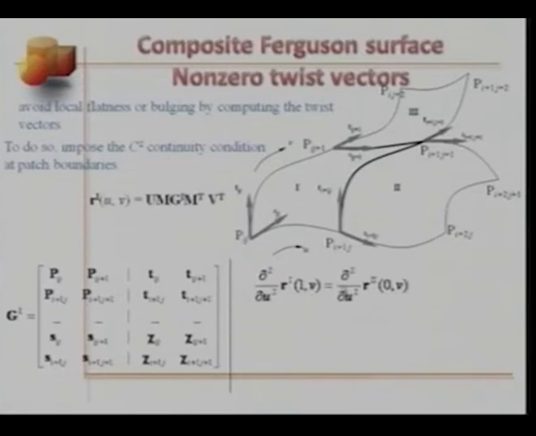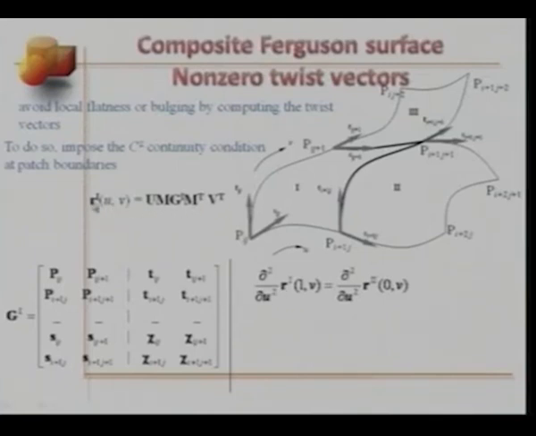This should be equal to the second derivative of this patch, r super 2, with respect to u. And for this bounding curve, u equals 0. Well, we have the expression right here.